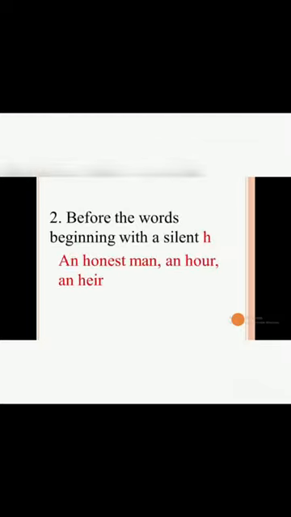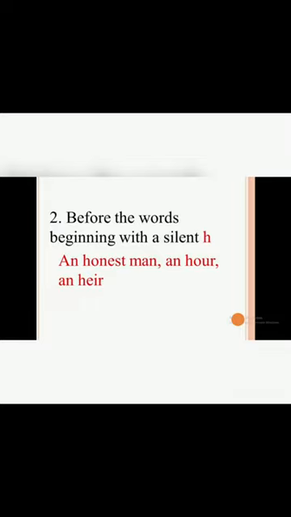Now we will go to the next rule: before words beginning with a silent H. For example, look at the phrase an honest man. Here the word honest starts with the consonant letter H, but here H is silent, so we have to use an before it.